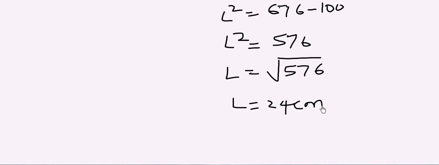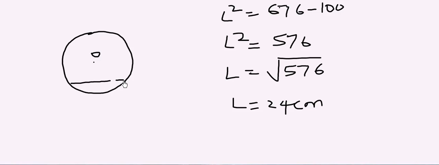So we see from the circle that we had initially, this is the center of the circle, and the chord is called AB. Just a rough sketch.